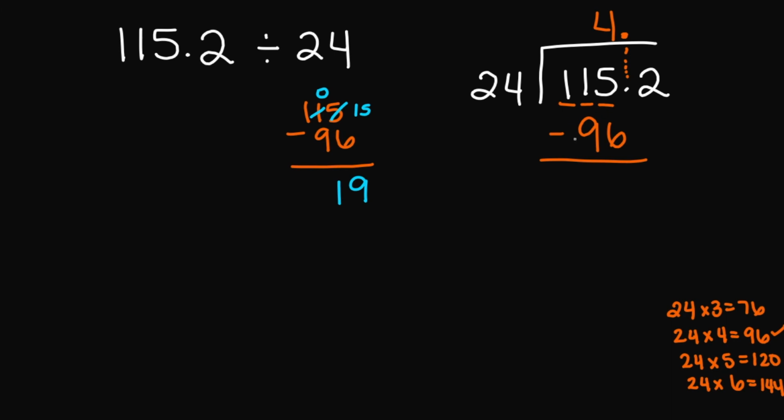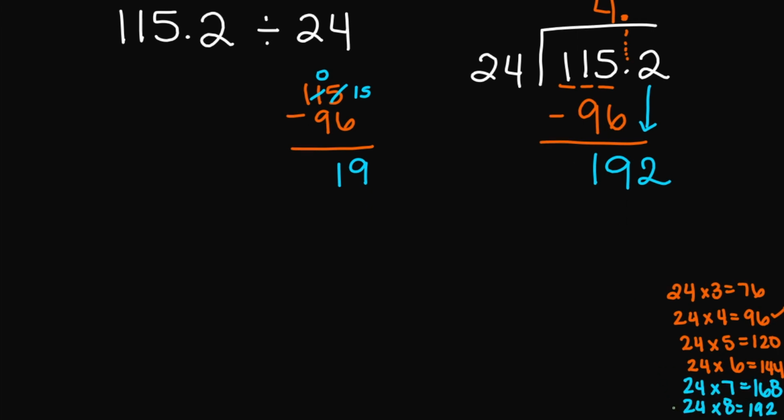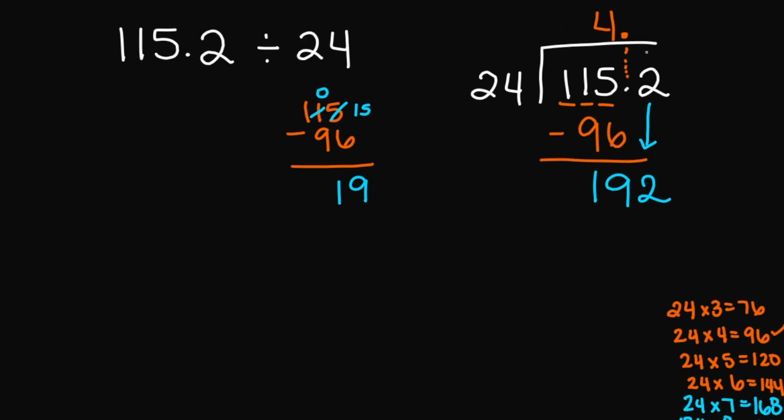So 115 minus 96 is going to equal 19. I'm going to bring down my 2. 24 goes into 192 now how many times? This is perfect. This is what we're looking for. So 24 times 8 is 192. I'm going to write an 8 on top here. 24 times 8 we said was 192. 192 minus 192 is going to equal 0. So your final answer, your quotient is 4.8.